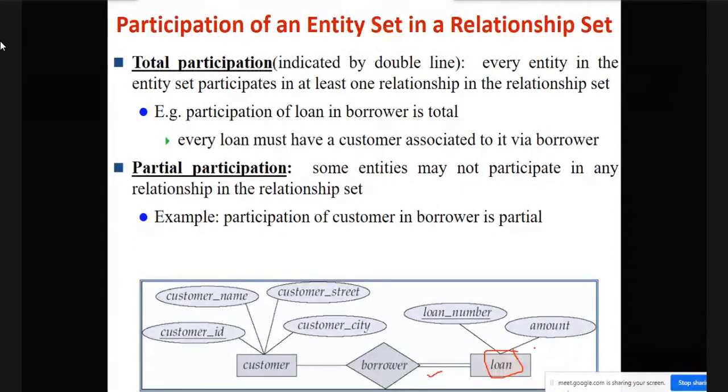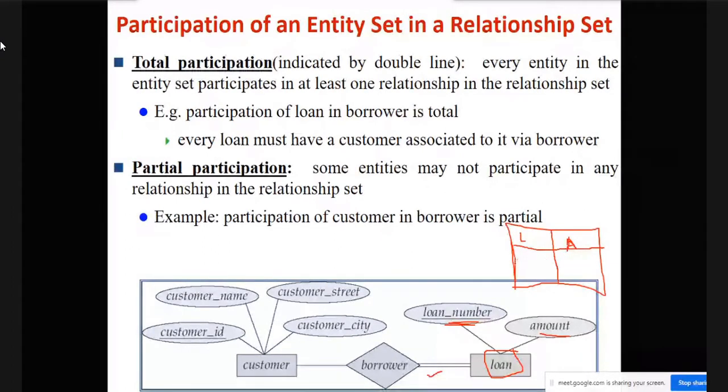So in this loan entity set, I will have the loan number as the primary key. That is one of the attributes, and the amount of the loan taken. Suppose this is my loan entity set with loan number and amount.